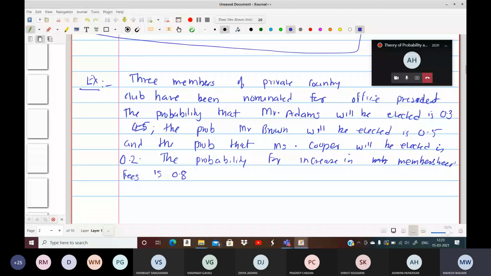So this will be your event A. The membership fees are increased, that will be your event A. Next, we'll write conditional probability.